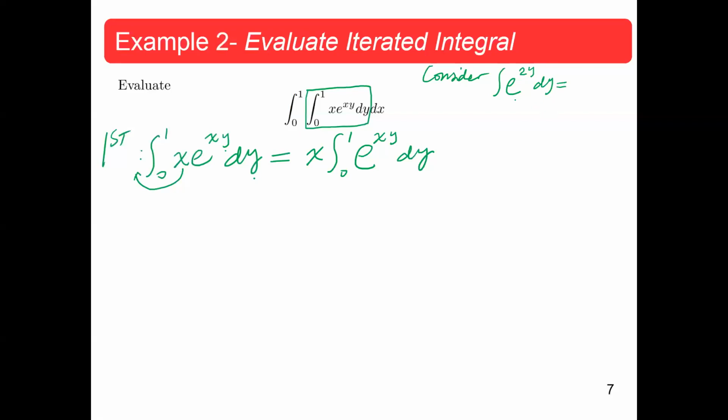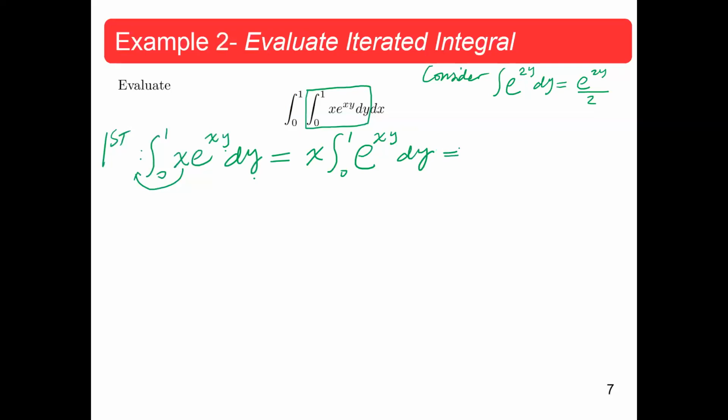Because these cases we're familiar with. What's the antiderivative of this? Is it e to the 2y over 2? Correct. So e to the 2y, and then we divide by 2 because of the chain rule. When you take the derivative, you have an additional 2, so we divide by that 2. Make sense? Okay.